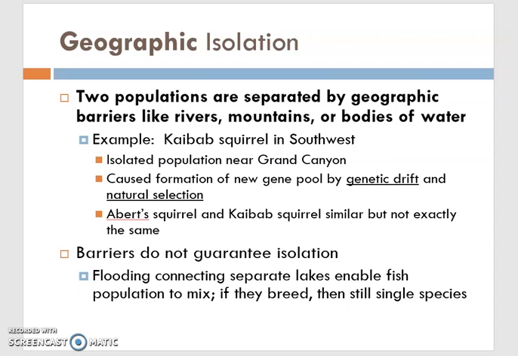Sometimes with geographic isolation, once there's a split, natural selection occurs where the best adaptations are going to survive the best, but the initial event, like maybe an earthquake or flooding or something random, is what we call genetic drift, which is evolution by chance rather than based on the traits.